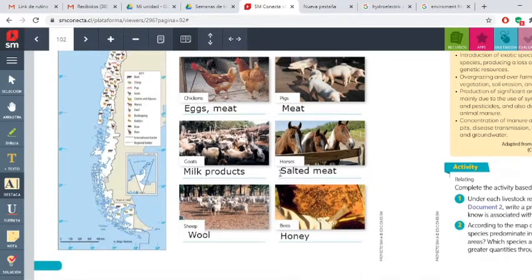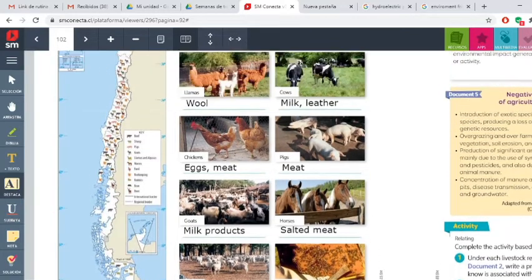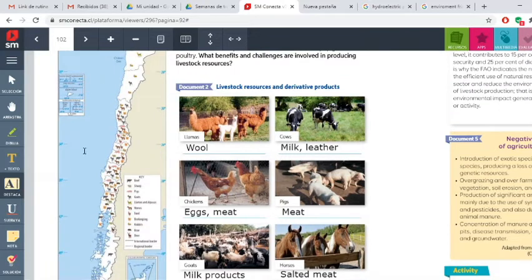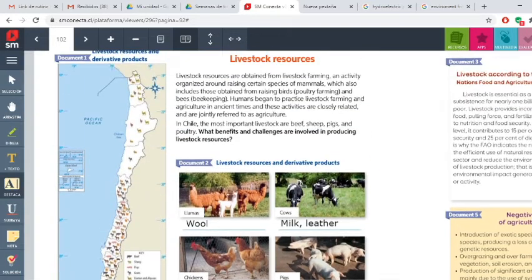We have other animals like goats, milk products, horses, the salt meat, or the so-called charqui, which I suppose some of you must like. We also have the sheep that produce wool, and in this place we see the bees that produce honey. Okay, if you have time, take a look at the map, because here is the map for all the different animals in which areas of the country they are farmed. All right.